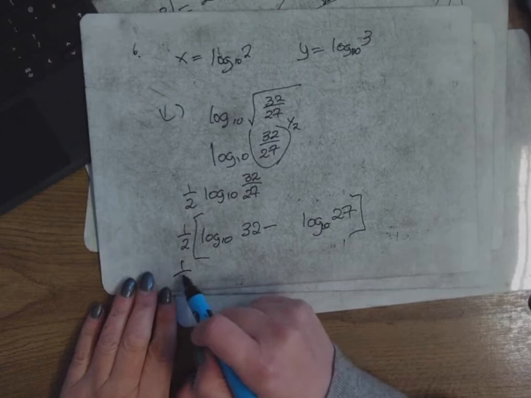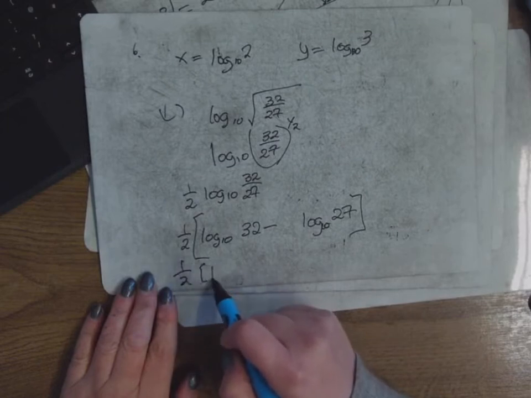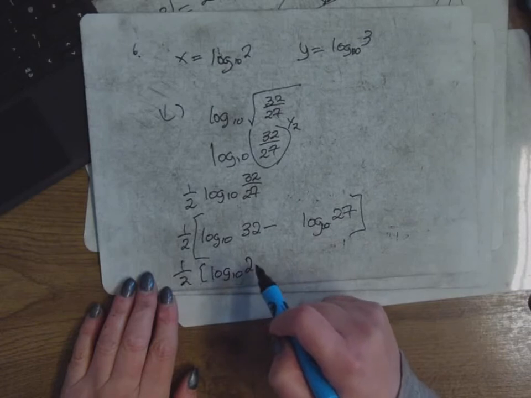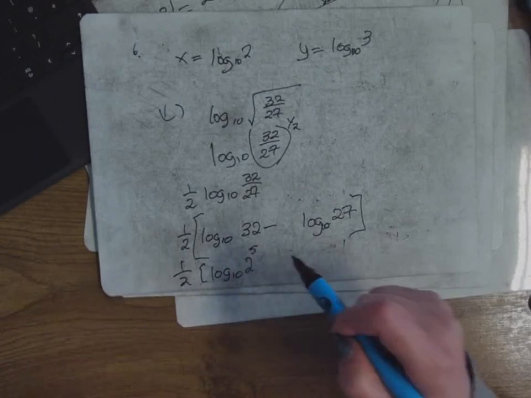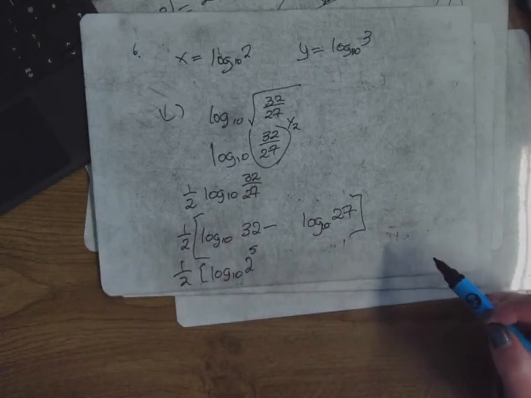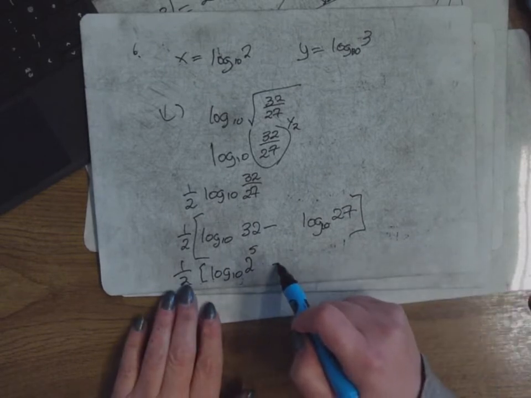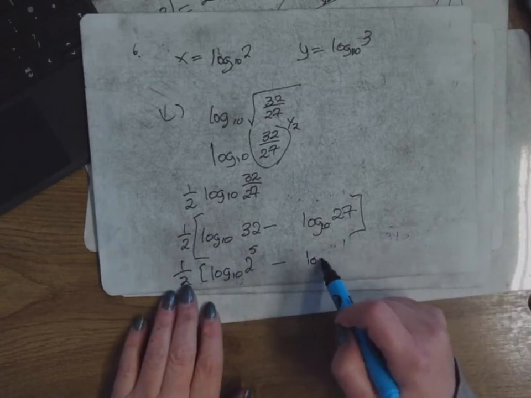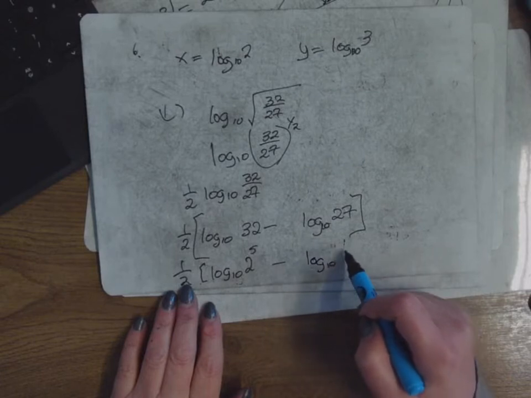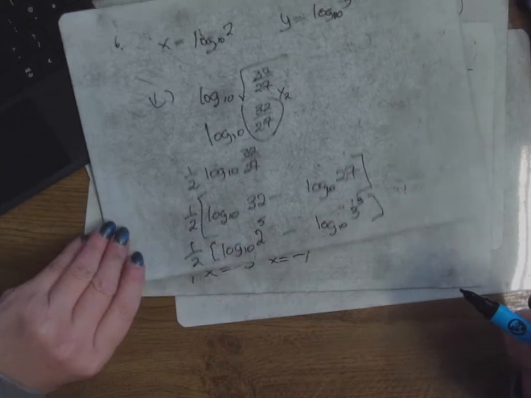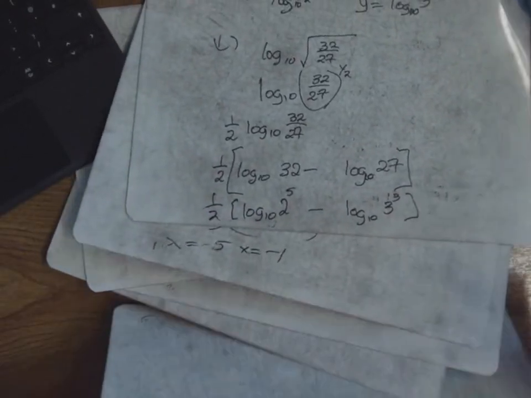Okay, so half of log to the base 10, 2 to the power of 5, is it? 2 by 2 by 2 by 2, I ran out of 2s, yeah, 5. So 2 to the power of 5, and this one is 3 to the power of 3, isn't it? You all with me? Okay, I have powers. What can I do with the powers?